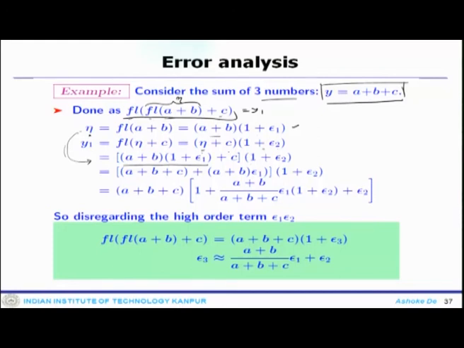If you just rearrange this, essentially some algebra, it turns out a plus b plus c plus (a plus b) into epsilon, with the whole bracket multiplied with (1 plus epsilon 2), and if you take out that a plus b plus c, you get 1 plus (a plus b) divided by (a plus b plus c) times epsilon 1, times (1 plus epsilon 2) and epsilon 2.